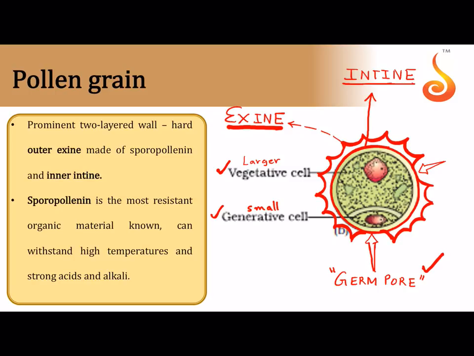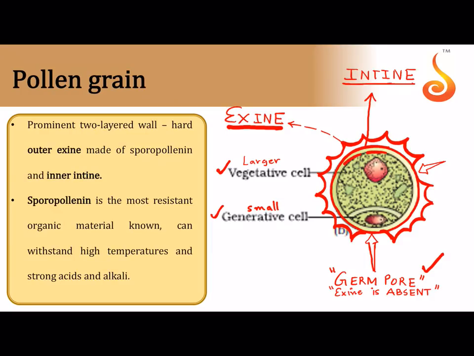Did you understand? So regions of the cell wall of a pollen grain where exine is absent and only intine is present are referred to as the germ furrow or the germ pore.